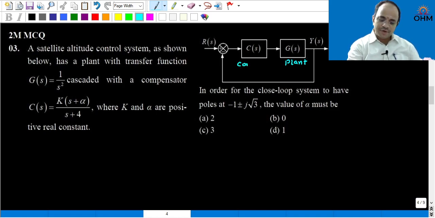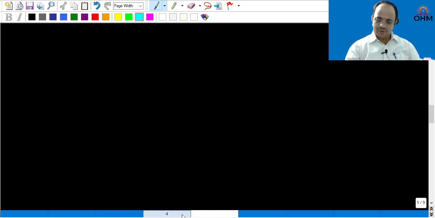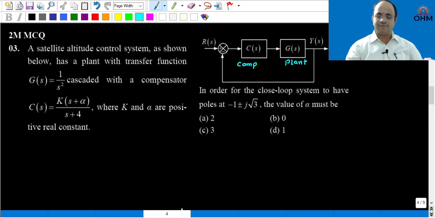The transfer function for the compensator is K into (s plus alpha) divided by (s plus 4), where K and alpha are positive real constants. In order for the closed loop system to have poles at -1 plus or minus j root 3, what is the value of alpha? You have to find the alpha value.